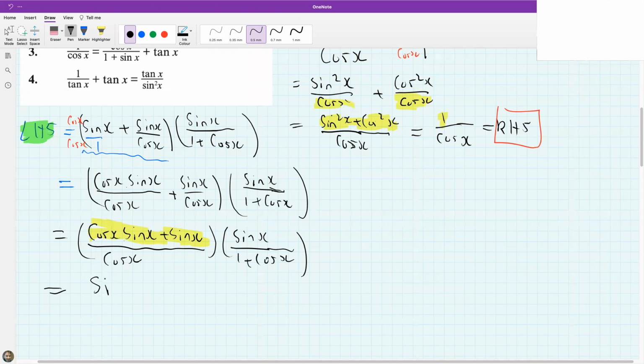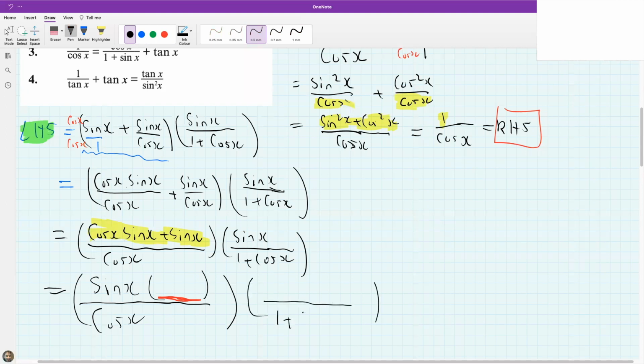Fantastic. So I have sine x, and inside the bracket, I'm going to have something, and then on the bottom, I'm going to have cos x. I want to know from everyone in the class what goes in this bracket here. So I'm trying to factorize the yellow bits. What do you think goes in that part over there?